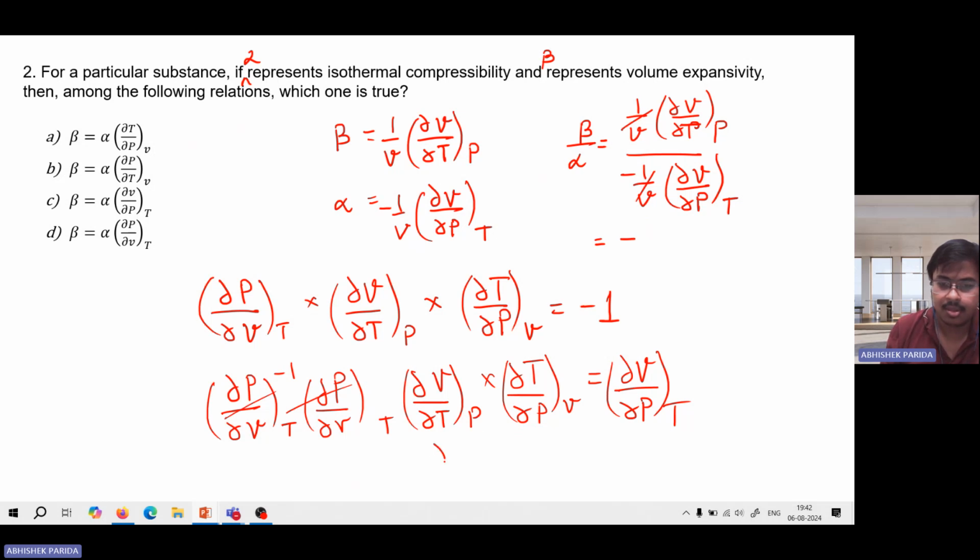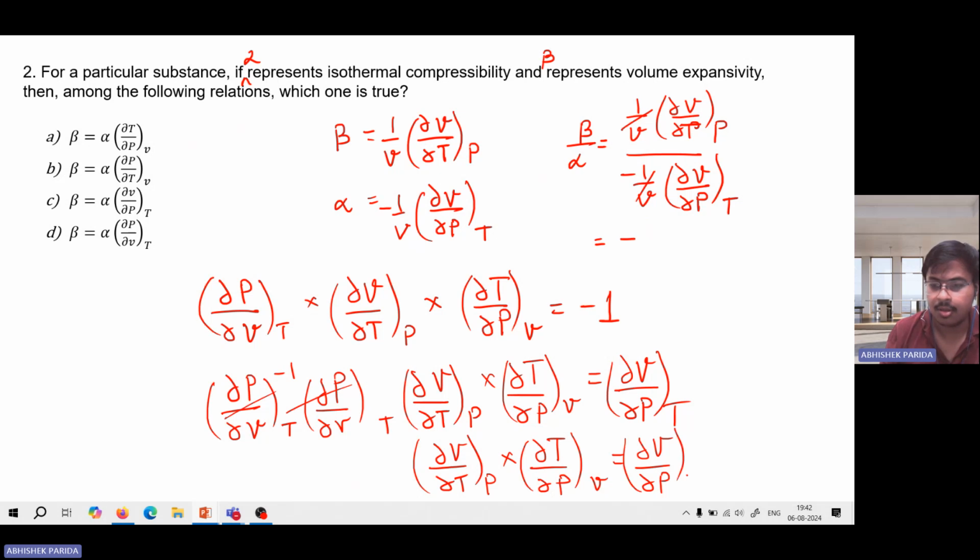So dou V by dou T at constant P is equal to dou T by dou P at constant V into dou V by dou P.